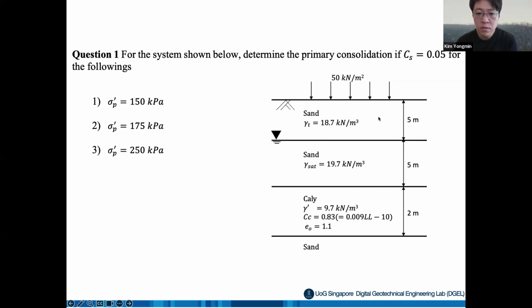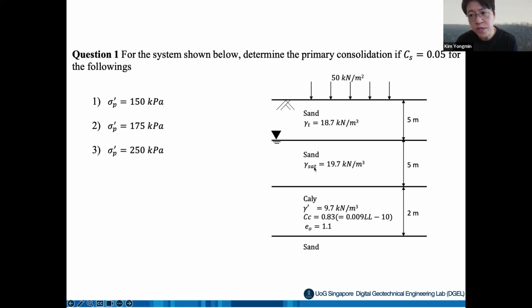So 5 meters times 18.7 plus 5 times 19.7 minus 9.81, because effective stress ignores the water effect.